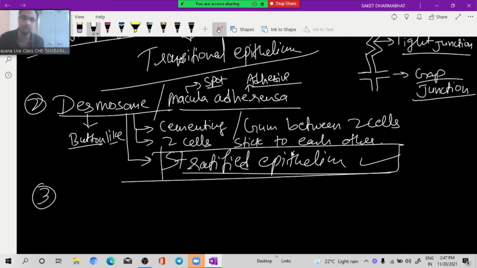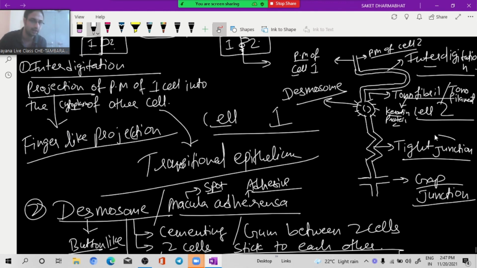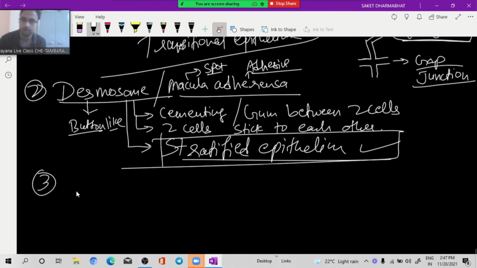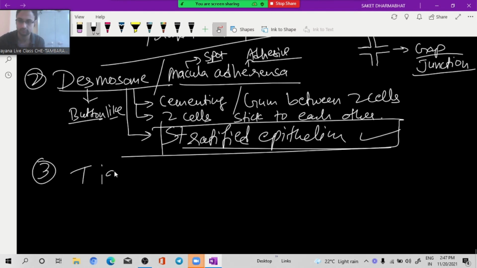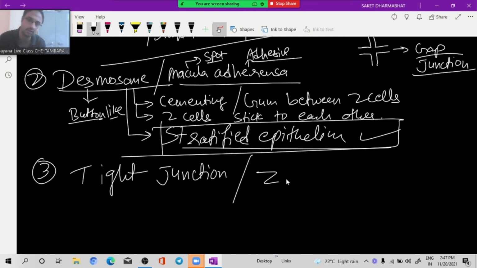Now the third thing we are seeing here is what? Tight junction. Tight junction is also called zonula occludens.